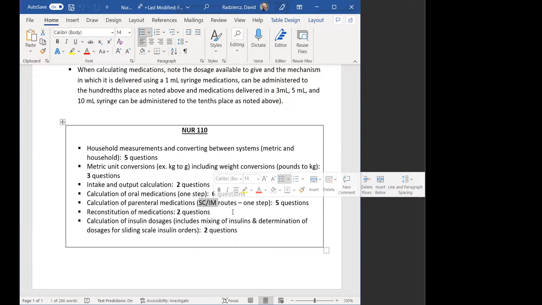Now, if you look at the Allegheny campus practice tests, you'll notice they get asked things like, what is the milliliters, what is the tablets, so each campus does that a little differently. I just want you to be prepared, and I will make sure you are, because the examples will seem simple, but you want to be able to answer that question even if it wasn't given to you.